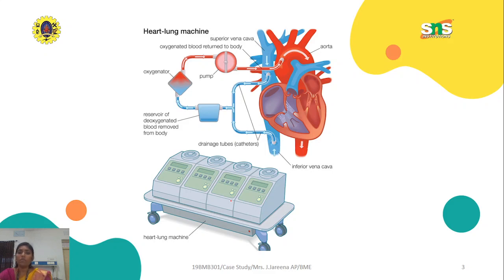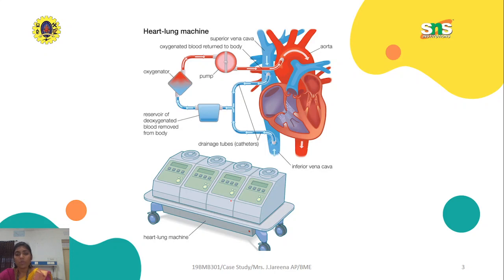From the heart it is distributed throughout the body. These two roles, the pumping of the heart and the purification of the blood, are the combination of heart function and lung function, and both will be taken over by the heart lung machine.